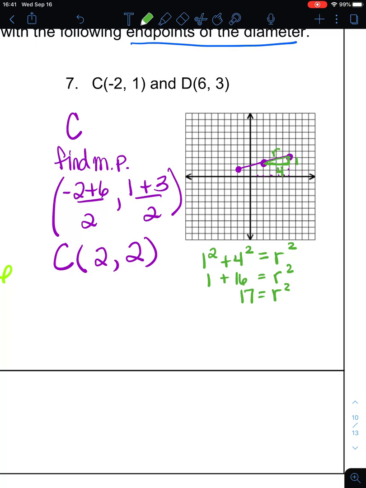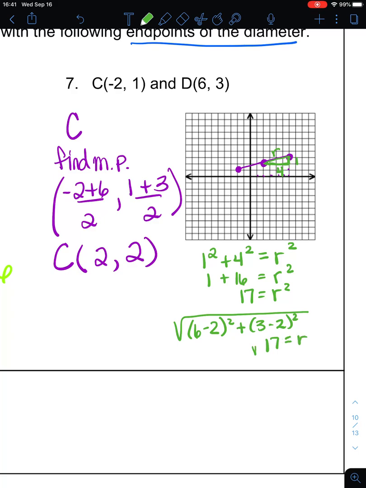So I'm just going to stop there instead of solving for r like we normally would have if we were doing the distance formula. Now, you could still use the distance formula using those two points. I could have done (6 minus 2) squared plus (3 minus 2) squared, and I would have gotten the exact same thing.